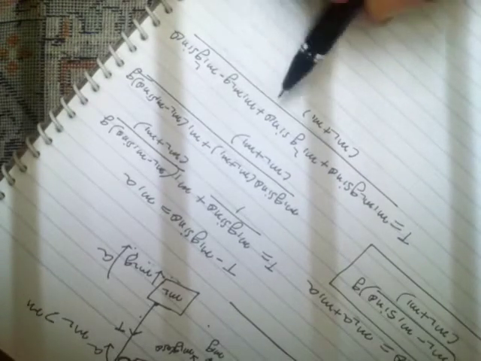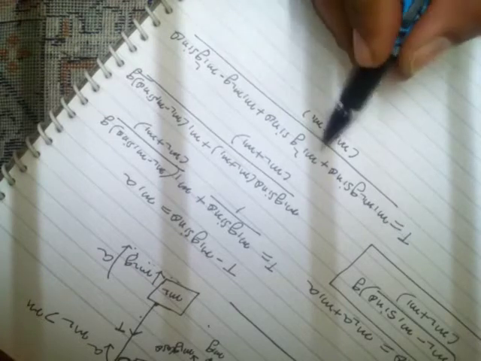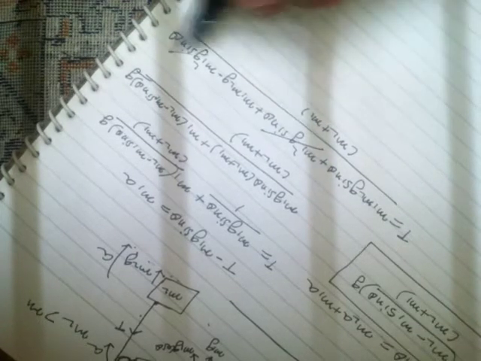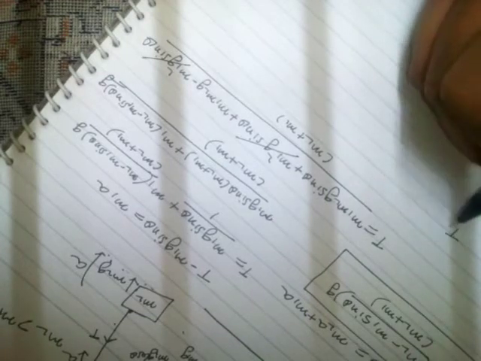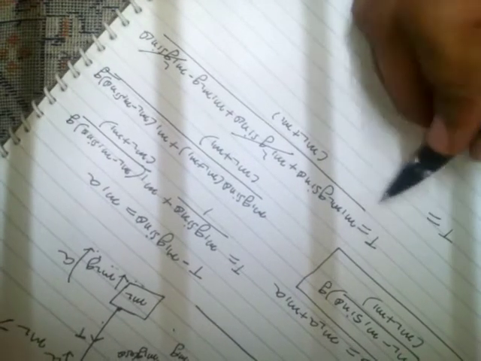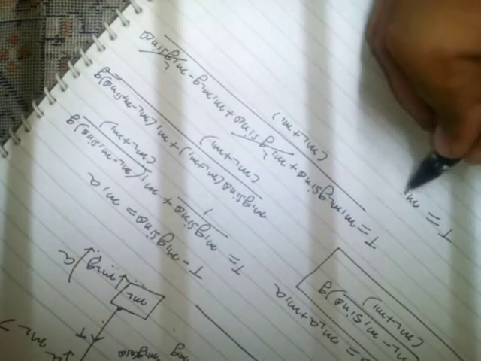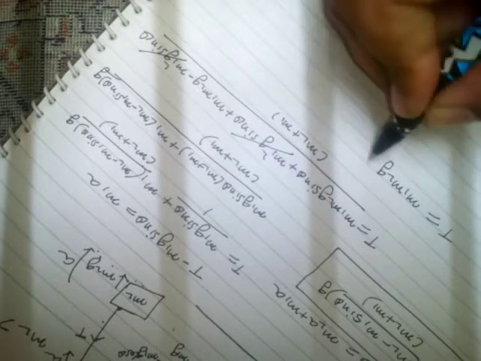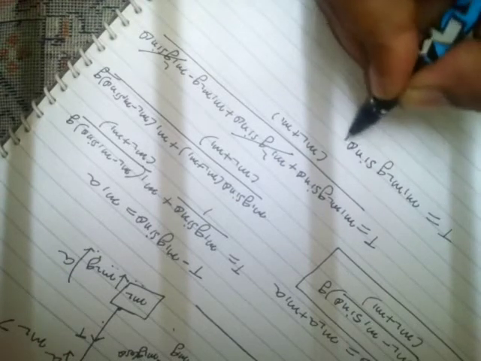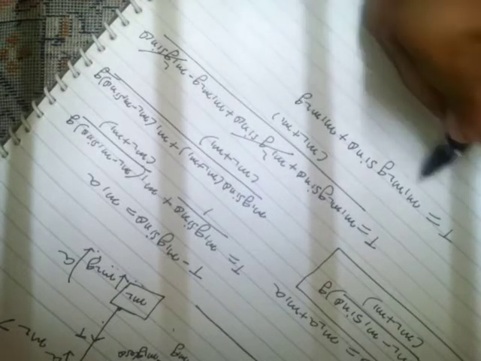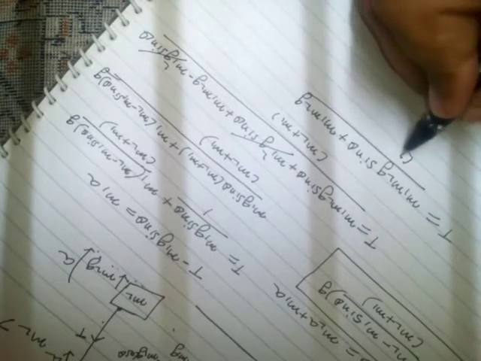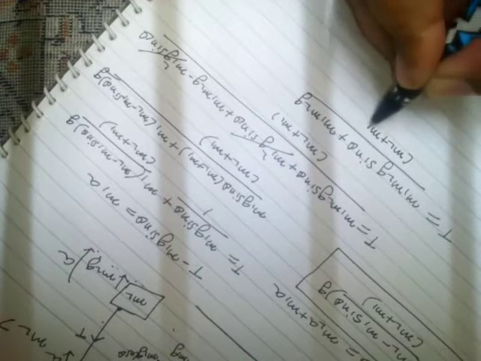Now m1 square g sin theta, m1 square g sin theta, one is positive, other is negative. In addition, they would be cancelled out. So we get T equal to m1 m2 g sin theta plus m1 m2 g upon m2 plus m1.